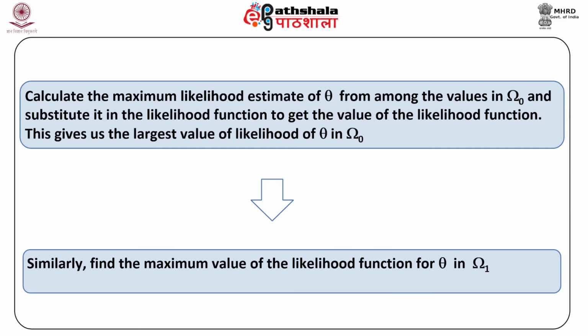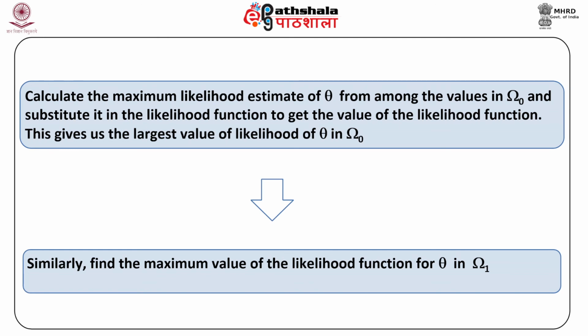So what are the steps in this test procedure? These steps are as follows. First, calculate the maximum likelihood estimate of theta from among the values in phi 0 and substitute in the likelihood function to get the value of the likelihood function. This gives us the largest value of the likelihood of theta in phi 0.